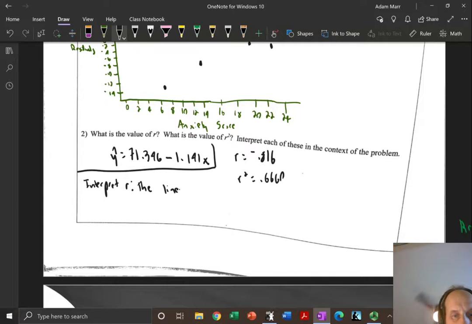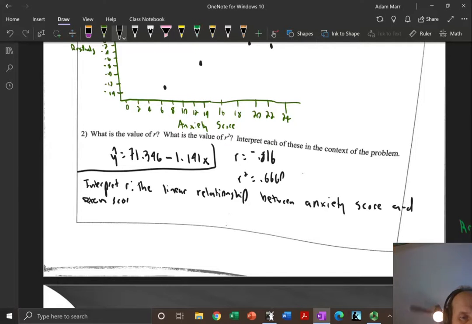So we'll just say the linear relationship between anxiety score and exam score. And remember, R is the strength and direction. The negative 0.816 is close to -1, so it is strong. And the direction is negative. Good.